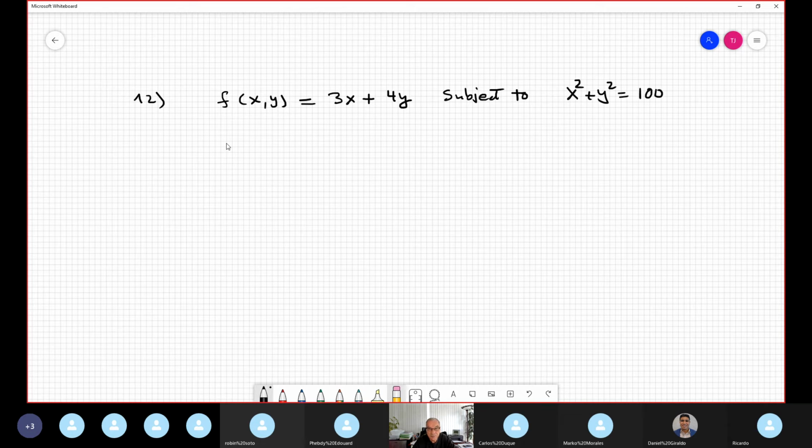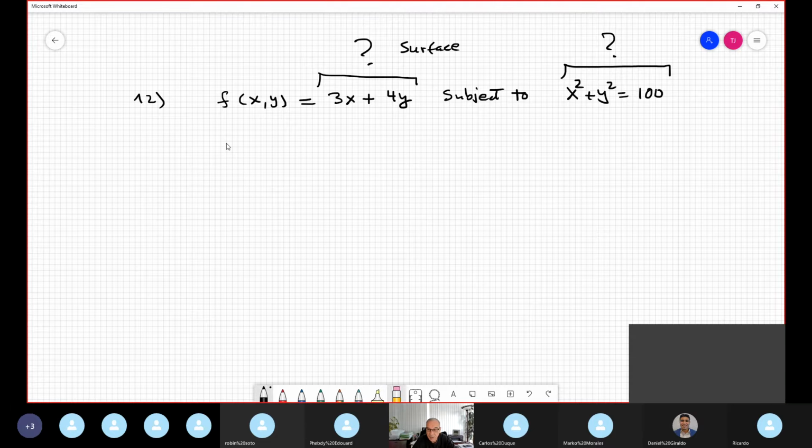If you think about it as a 3D problem, we have one surface and we have another surface. What surface is this? I need to know the name of this surface. It's a plane. The first one is a plane. Very well. And the second?